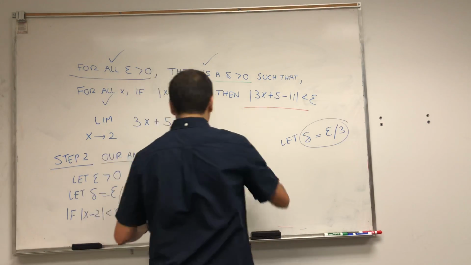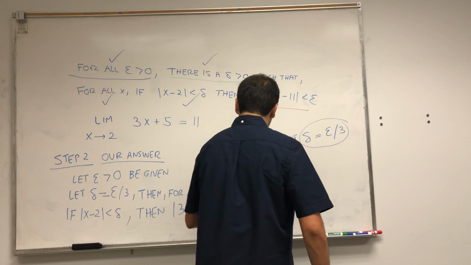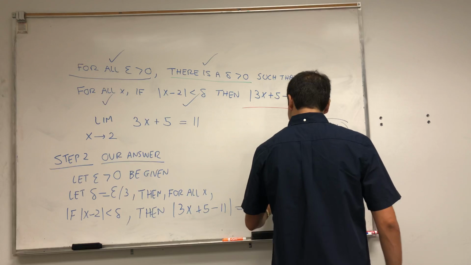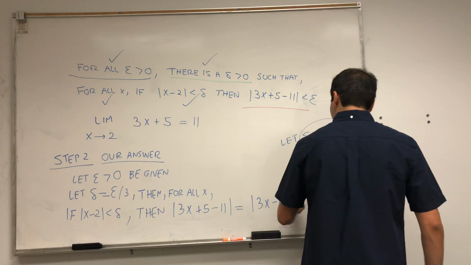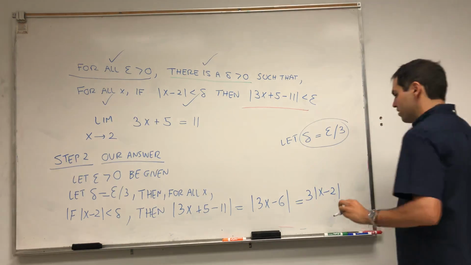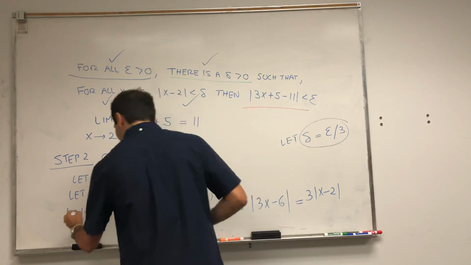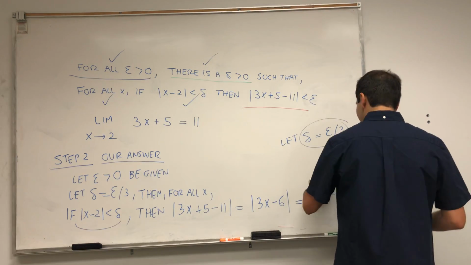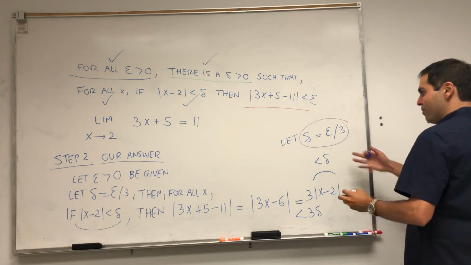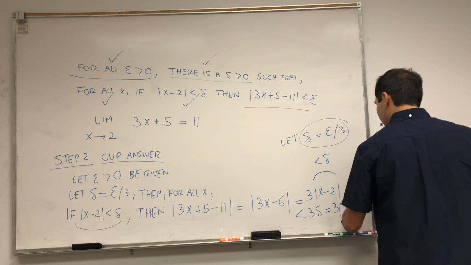now let's focus on the important thing, absolute value of 3x plus 5 minus 11. You already calculated it, but let's just do it again. That's 3x minus 6. Then 3 factors out, x minus 2. Now use the fact that x minus 2 is less than delta. If x minus 2 is less than delta, then this whole thing is less than 3 delta. But remember, delta is epsilon over 3. So it's 3 times epsilon over 3.